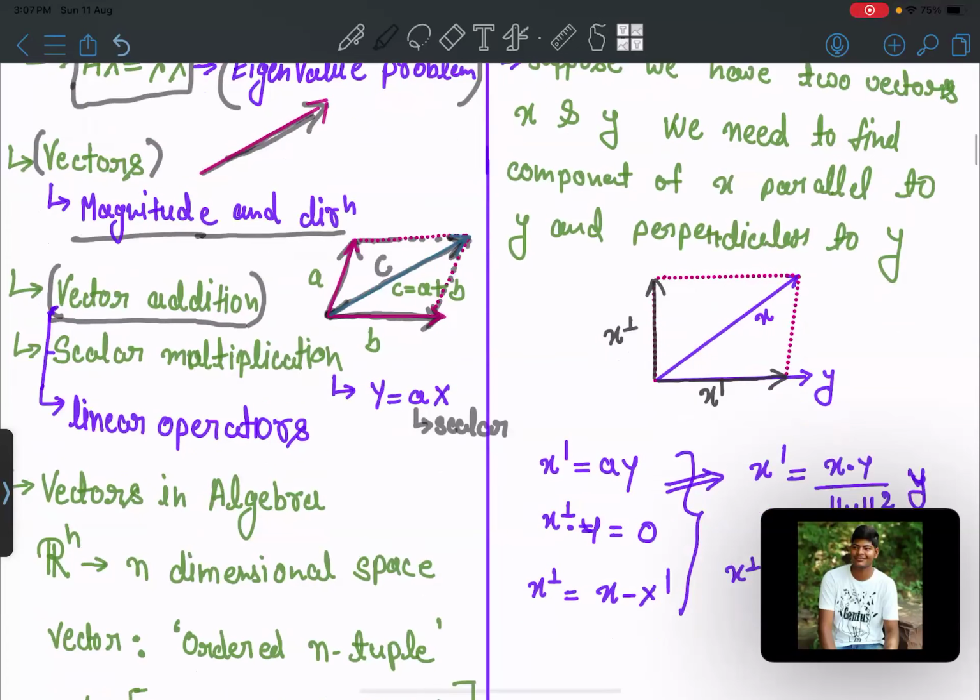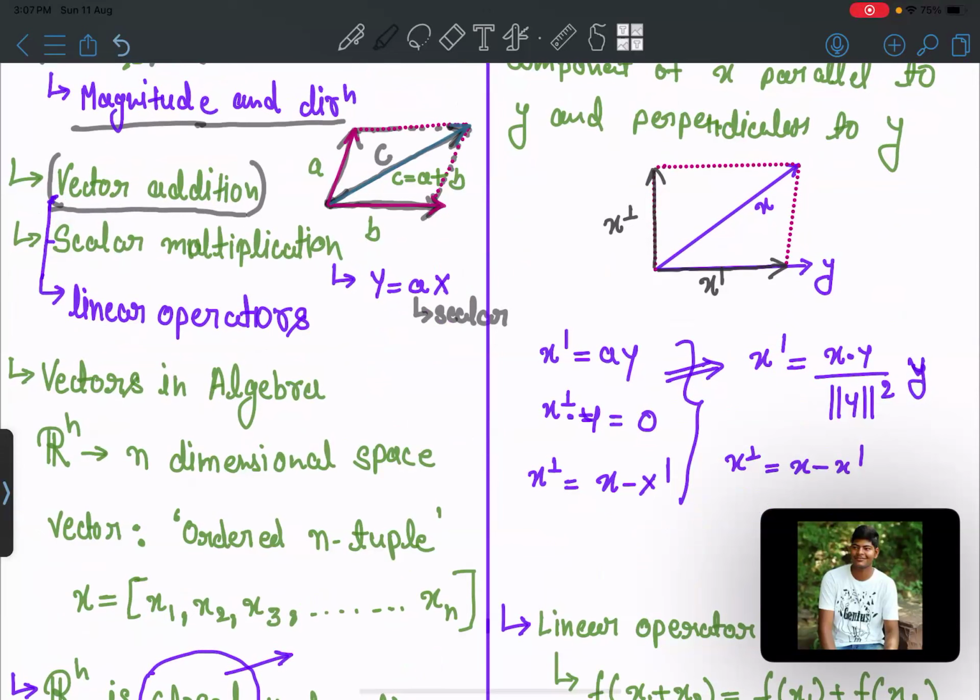Then similarly, scalar multiplication. What do we mean by scalar multiplication? Suppose we have some vector X. We can multiply it with some scalar to get some other vector Y. This is called scalar multiplication.